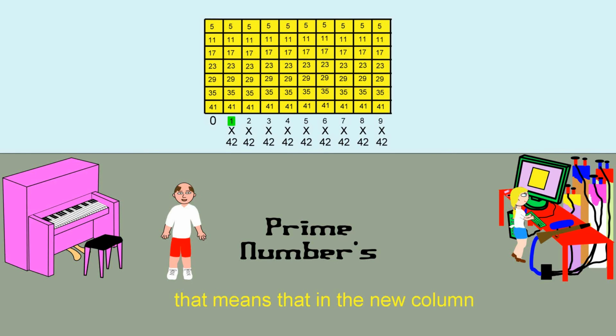That means that in the new column number 1, the number 83 is just the number 41, with an underlying expansion of 42. The next column is a 41 with an underlying expansion of 2 times 42, because the column number is 2. Do you see the expansion of 42?